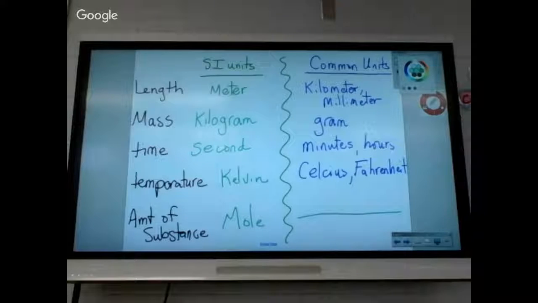Now, do we all know how to measure the first four up there? How do we find a length? How do we find a mass? What's it called? Y'all are pointing to it. What's its name? The scale. Okay, what's its formal name, other than just calling it a scale?